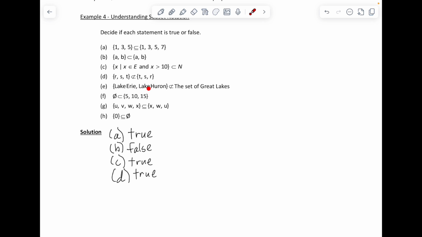This does not include all of them. So yes, this is a proper subset of the set of all Great Lakes. So it would be incorrect to say that it's not a proper subset. So this statement is false.